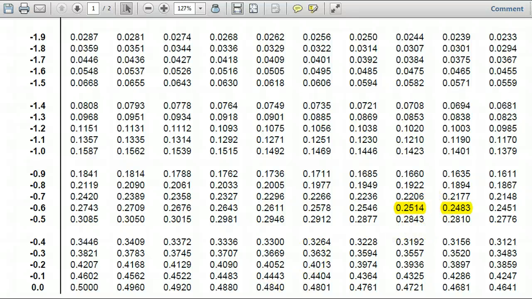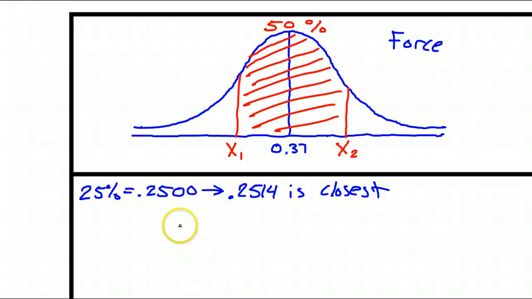So let me break it down for you. We are trying to get as close as we can to 0.2500. On the above side, we have 0.2514, which is higher.